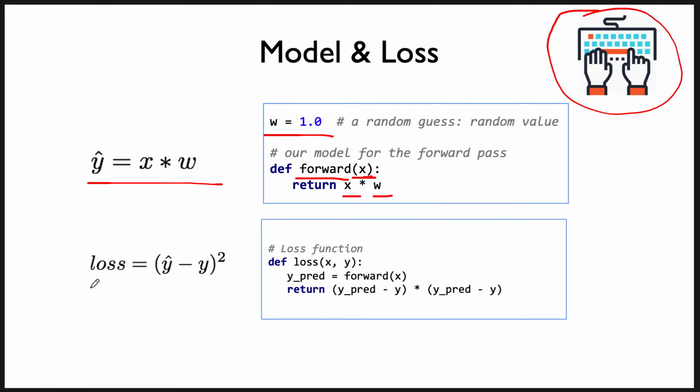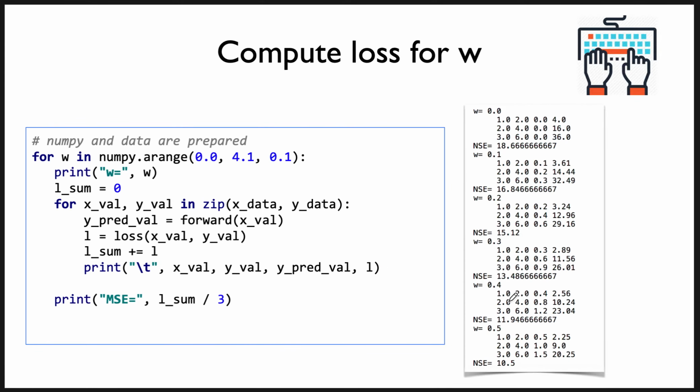Then we compute the loss. We need x and y. Using the x, we can compute the prediction value. Using the y, we can find the difference and square it. And then we can use these two functions to compute the loss with all w values.